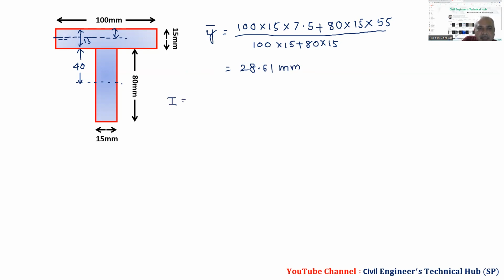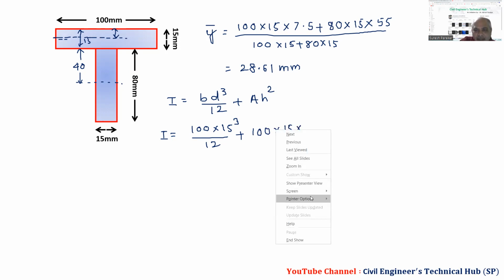Then we have I. So we have the formula B D cube by 12 plus A into H square. And then we will start with the first part. So we have 100 into 15 cube by 12 plus A into H square, area we have 100 into 15 into.